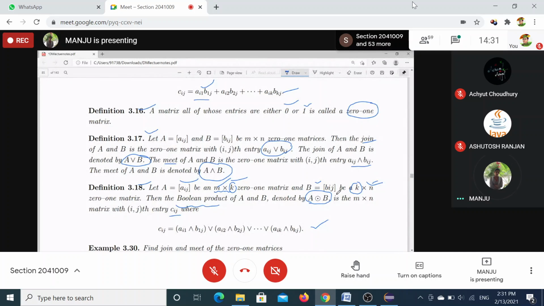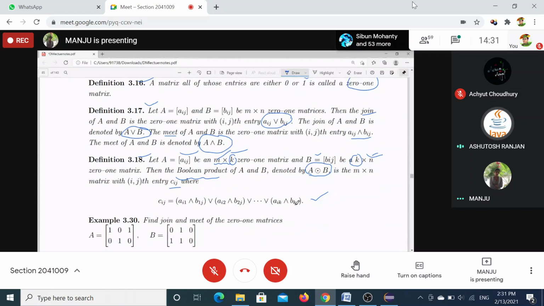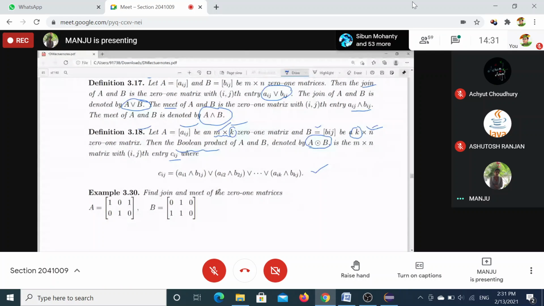Okay. Yes, ma'am. Join and meet: join will be the disjunction of 1 and 1, 1 and 0, and so on. Meet, don't try to multiply it. Here I just give you the analogous part to make you remember, but here it is an operation that will be used, those disjunction and conjunction.